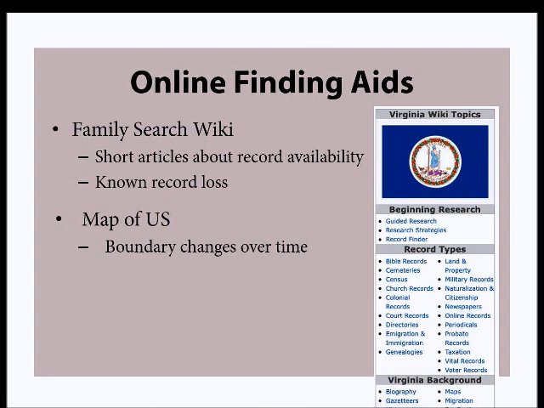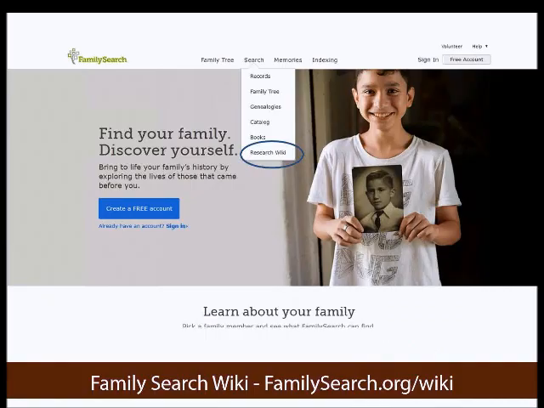The banner on the right-hand side of this slide shows the wiki topics that are available for the state of Virginia. It talks about beginning research, and then it identifies by specific record types what's available for the state of Virginia. I'm going to talk more about this particular resource in just a moment.